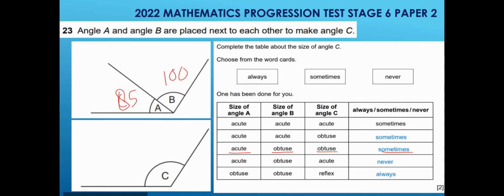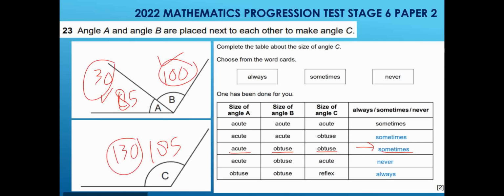Let's take acute 85, obtuse 100, it will be 185. 185 is a reflex angle. That's why the answer is sometimes, but sometimes it will give an obtuse angle. Like if it's 30 plus 100 is 130, it will be obtuse. That will be correct. Well, next one.